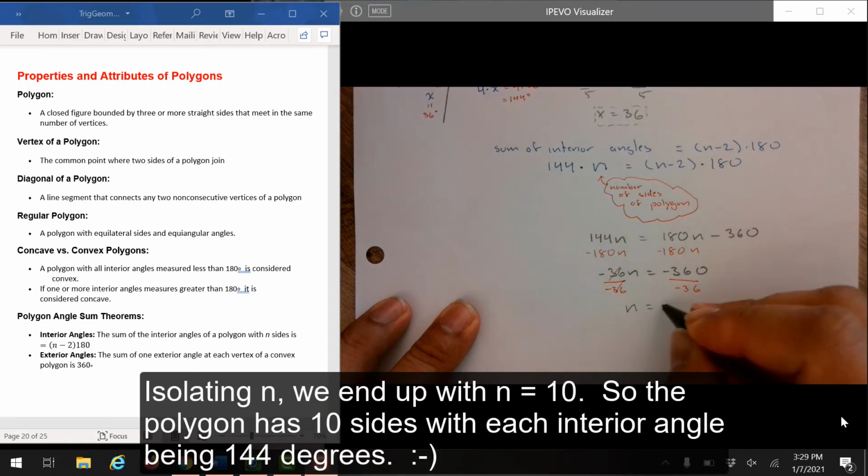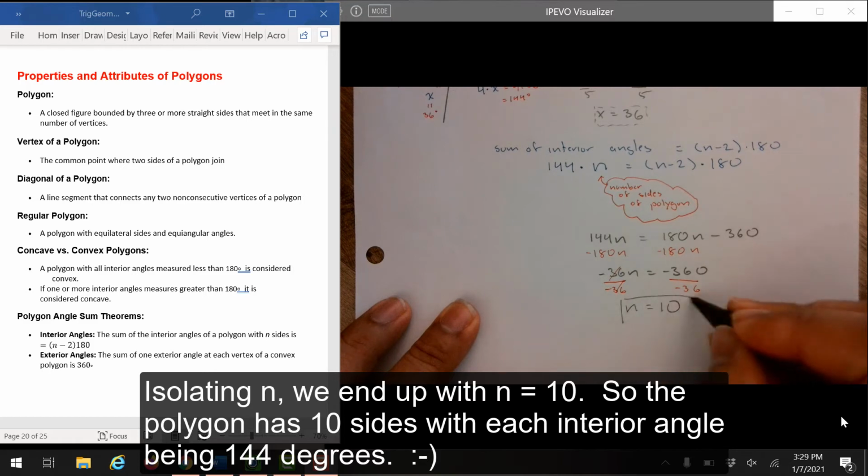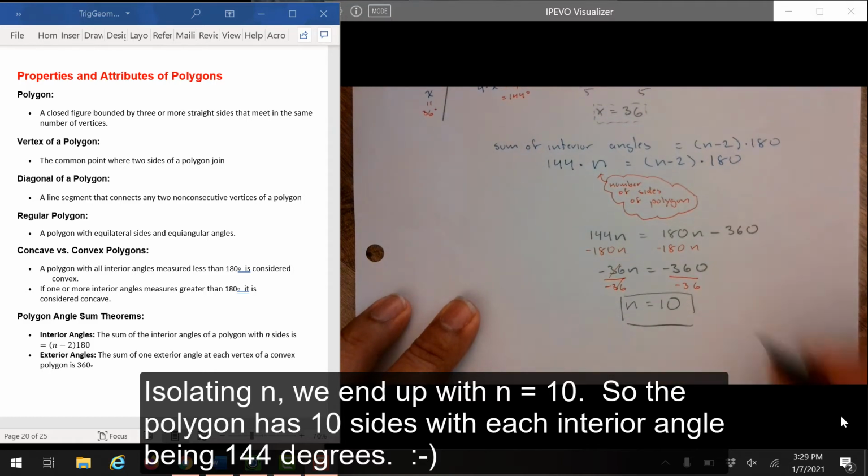Isolating n, we end up with n equals 10. So the polygon has 10 sides, with each interior angle being 144 degrees.